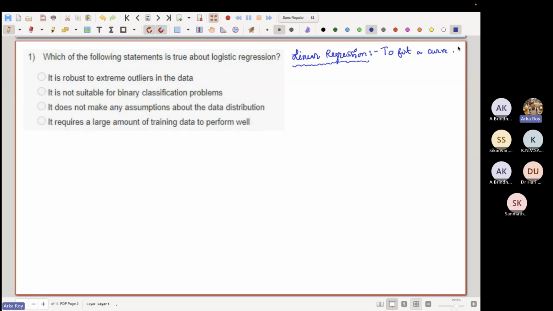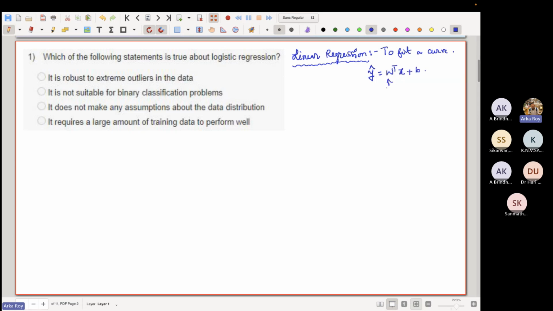We try to fit a line through the different data points. The equation is also pretty simple: y hat equals W transpose X plus B.